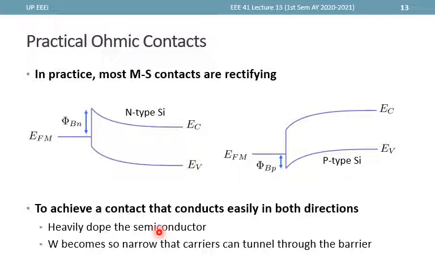In this case, the MS contact is still rectifying by definition, but by heavily doping the semiconductor, the depletion width becomes so narrow that the carriers can tunnel through this barrier.